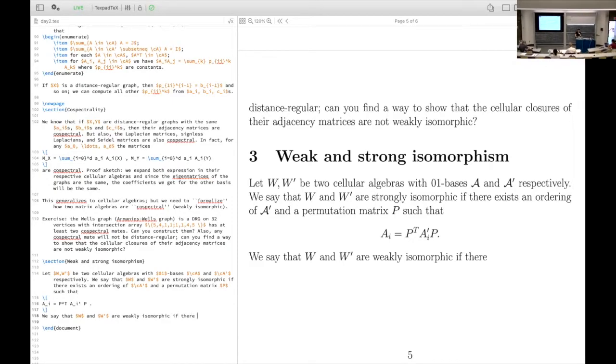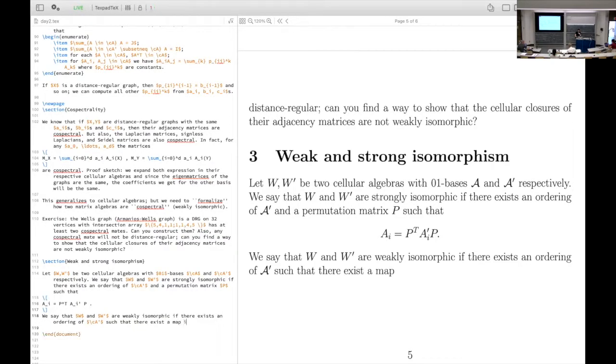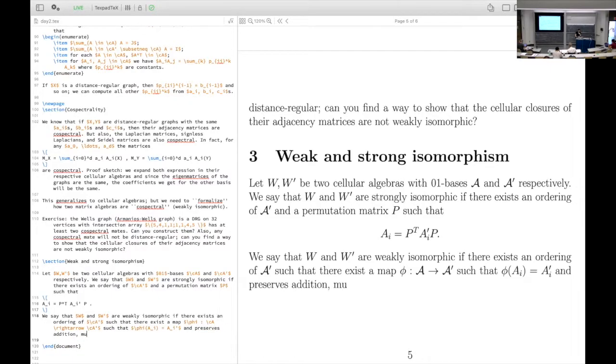If there exists an ordering of A prime such that there exists a map phi, which is a bijection from A to A prime, such that after the ordering phi of AI is AI prime, and this is an isomorphism. So it preserves addition, multiplication, scalar multiplication, complex conjugation, and transposition.